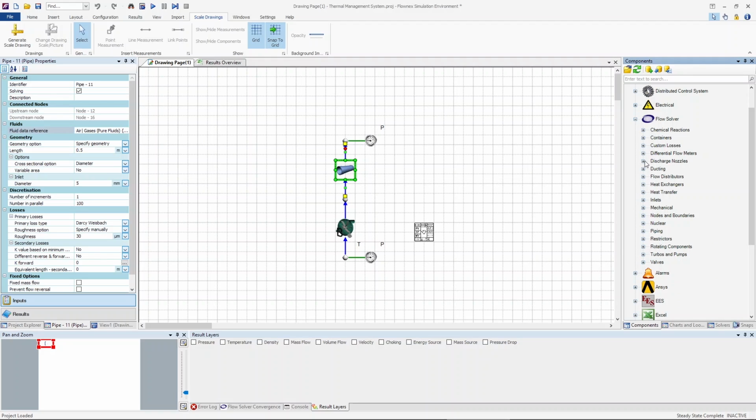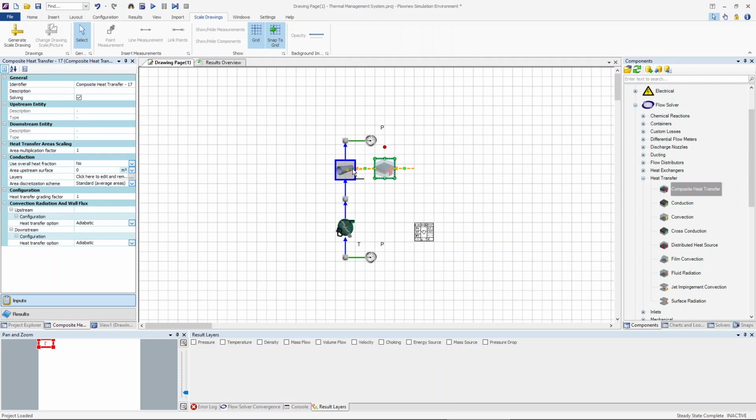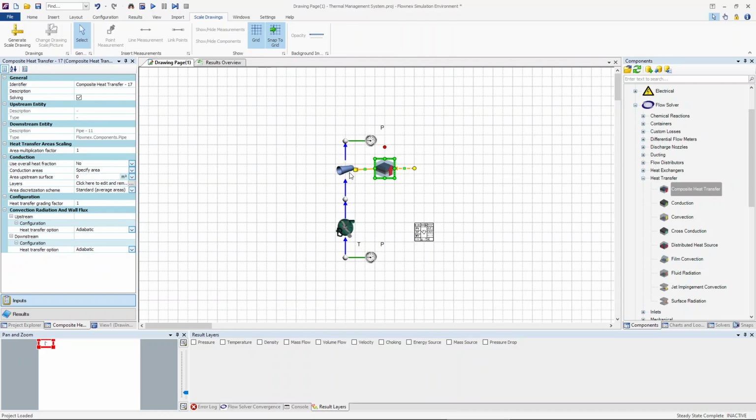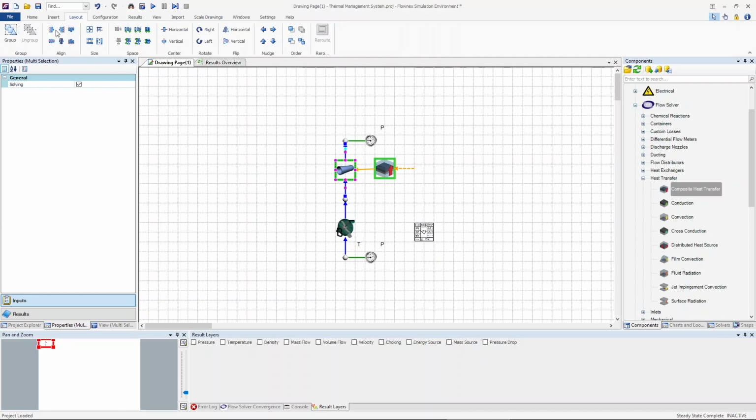Now we have to include the heat transfer, and we can use this composite heat transfer element, which can handle conduction, radiation, and convection, and we can just align it here.